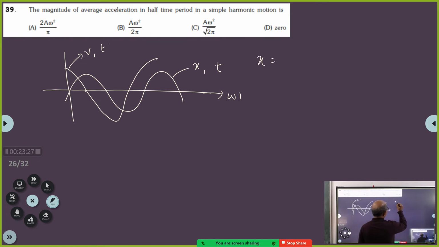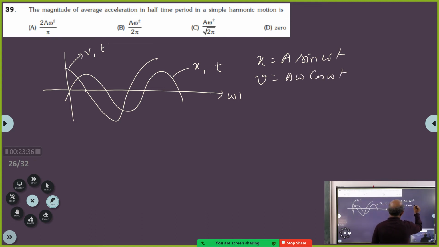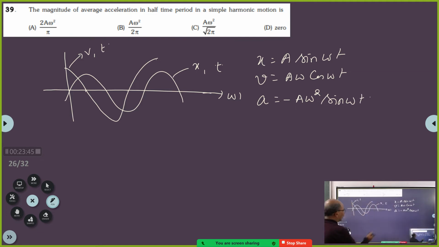Velocity, see, x is equal to a sine of omega t. Velocity will be equal to a omega cos omega t. Acceleration is minus a omega square sine omega t. Correct? Yes, yes. So what is it going to be?